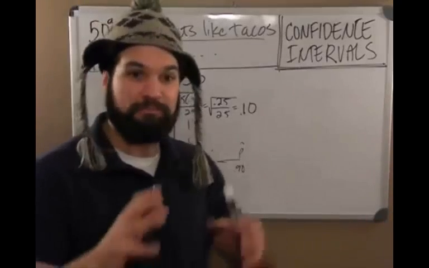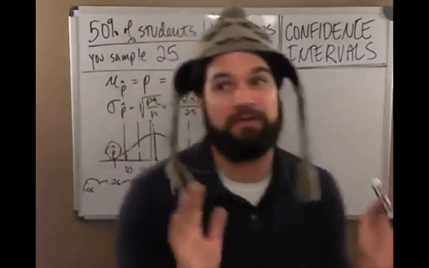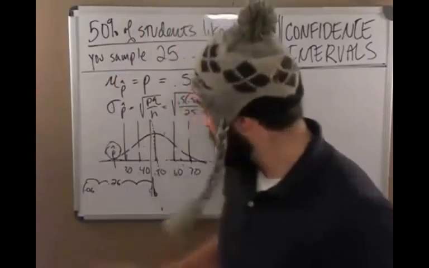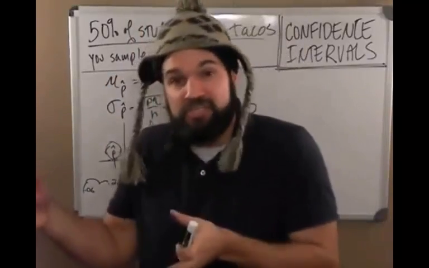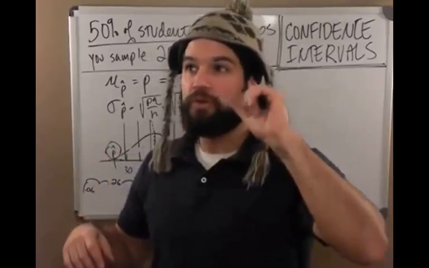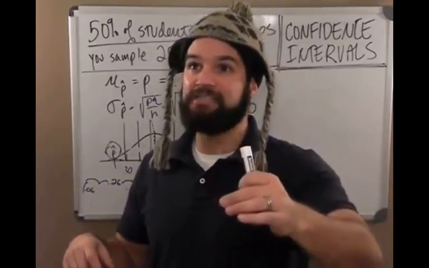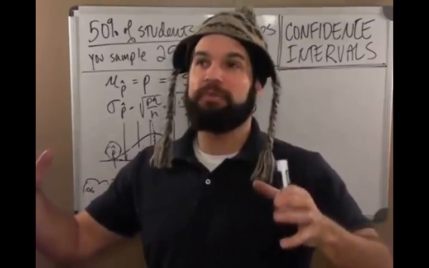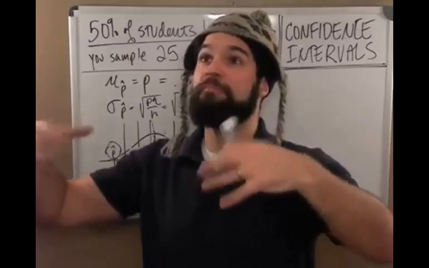You're making it sound like the parameter is moving around. But the parameter is out there, it's fixed here. What's moving around is the confidence intervals. So your confidence lies in the many intervals.